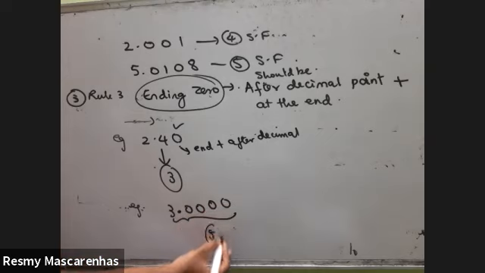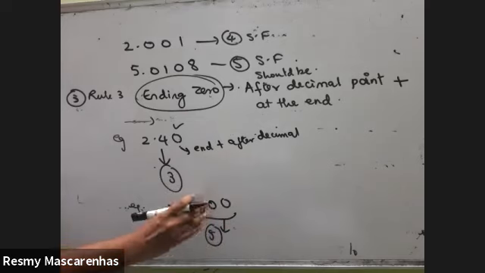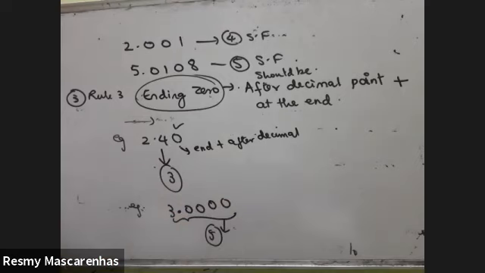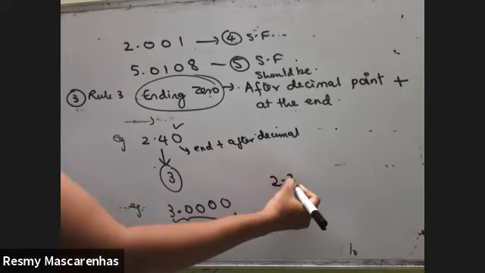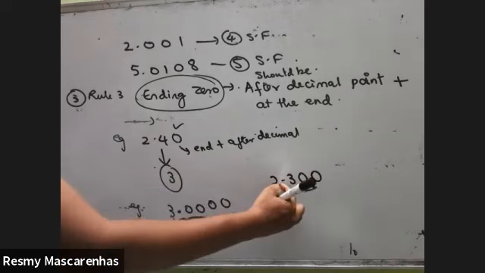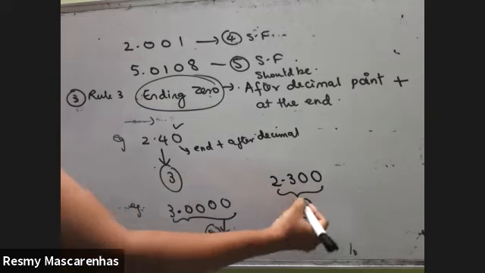So this will be 5. They're all there towards the end of the number. There should not be any non-zero. If all the zeros are towards the end, it has to be considered. Same way even this way. Here these two are to be considered because they're after the decimal point and towards the end. So 4.